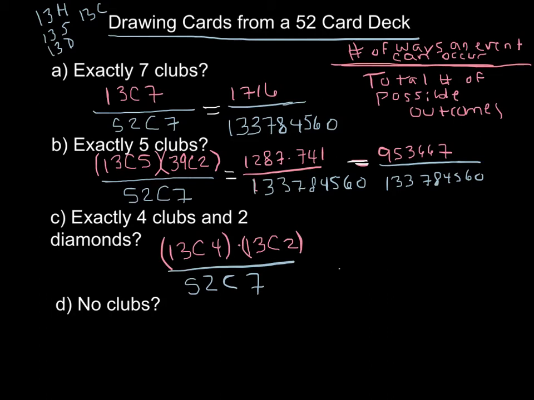I've only drawn 6 cards at this point, so I have 1 card left, and it has to come from the other 26 that I haven't drawn from. That would be 26 choose 1. I'm going to go right to the answer this time. Multiplying that out gives you 1450020, divided by our good old friend 52 choose 7.